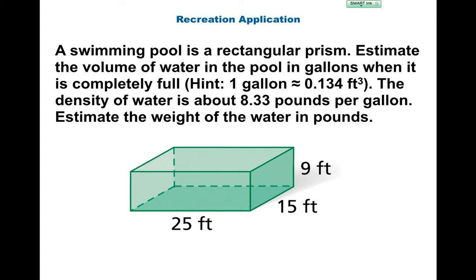Okay, so take that number. I'm going to show tracks again so that you can just get an idea of how that works. So 1 gallon is 8.33 pounds. So notice that you're just multiplying the numbers on top.